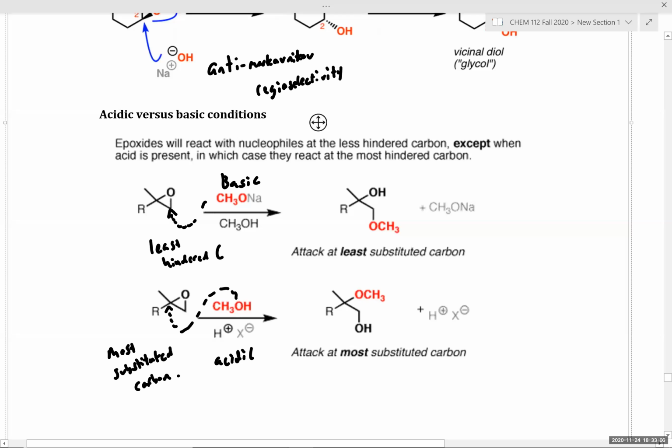Does everyone see how you can just as easily replace methanol or methoxide with a thiol, like ethane thiol, and this reaction will still work perfectly fine? Does everyone understand that this reaction tolerates a range of nucleophiles? Okay, really important idea.